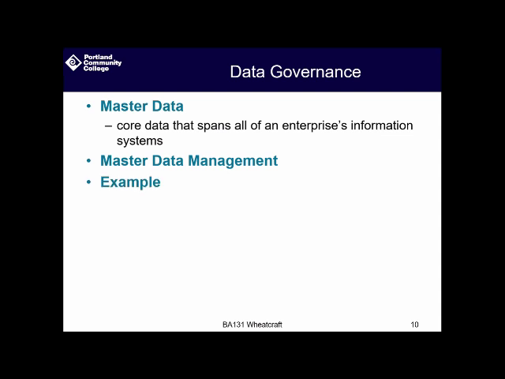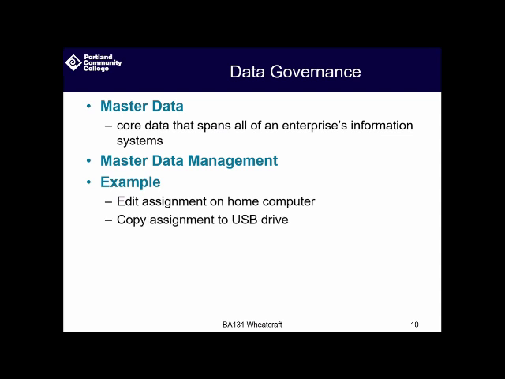So here's a very simple example of what can go wrong as you work on an assignment for a class. You start on your home computer, you edit the assignment, then you pack up.